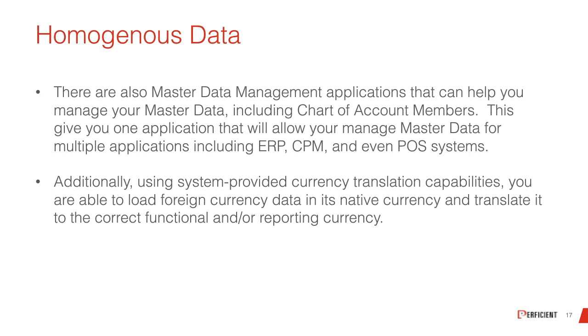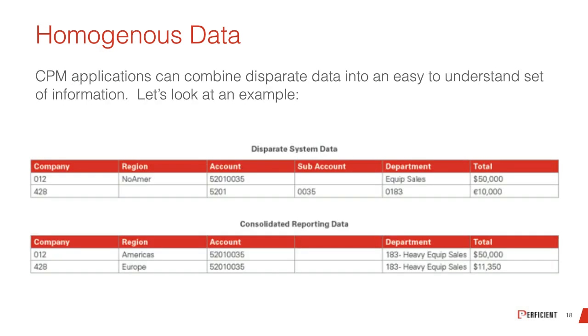All right, so let's go back to our example that we looked at before. So this first line item or first set of line items, that's our disparate data. So after we roll it into our consolidating chart of accounts, then we can get it into the correct company code. We can assign regions to it based off of where they are, give it the account.